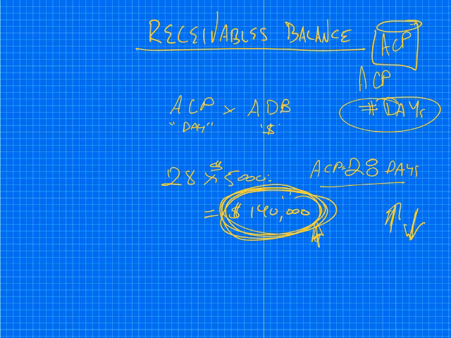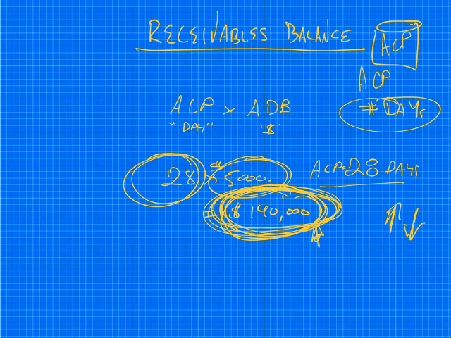Also, you can look at this as just a general metric. Is this way too high? Do we want it lower than that? Well, there are only two ways we can lower it. We can lower our average daily billings, or we can lower our average collection period.